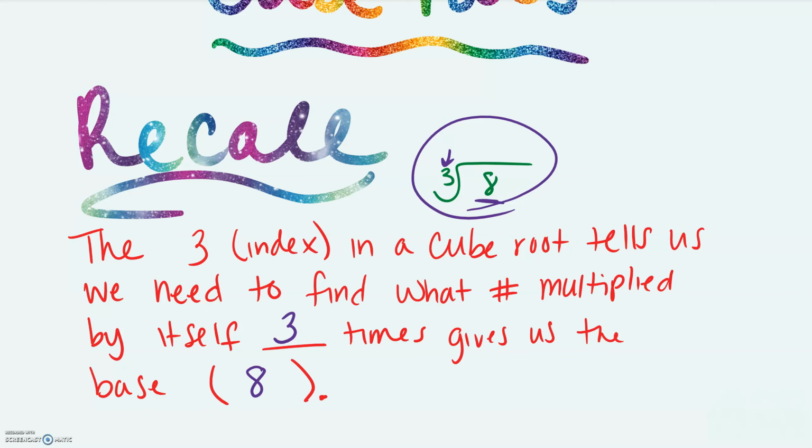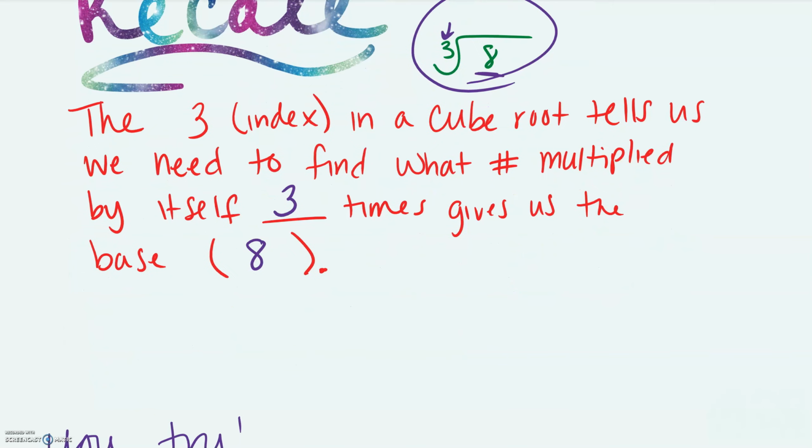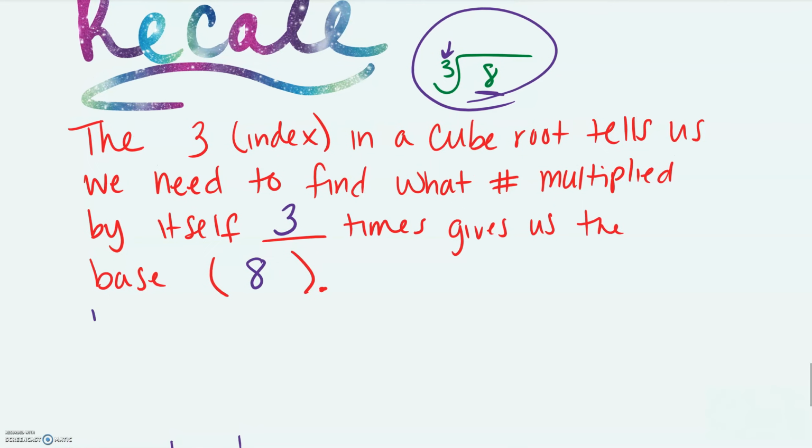So let's look that up. If I have 1 cubed, we're going to say 1 times 1 times 1, 3 times this time because it's cubed, which gives us 1. Not quite 8. If I have 2 cubed, we're saying 2 times 2 times 2. So 2 times 2 is 4, times 2 is 8.